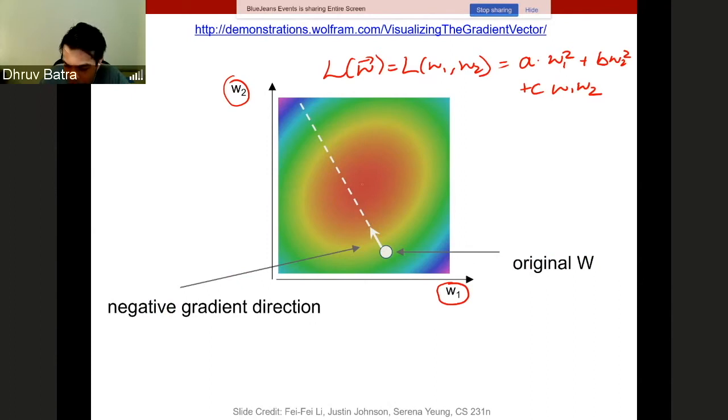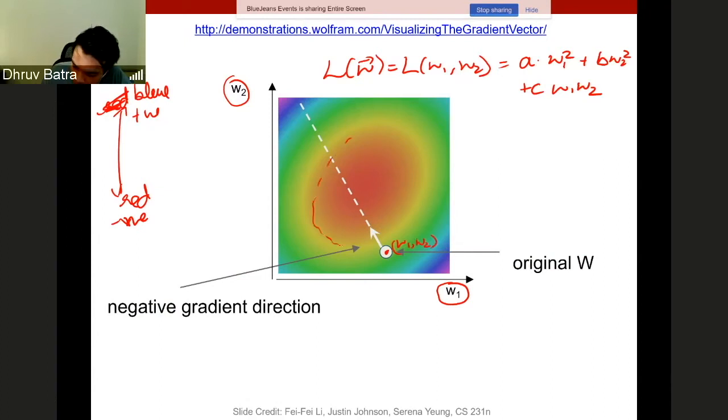In the heat map, let's say red is negative, so that we can use this as a minimization example, and blue is positive. And this is my current setting of w1 comma w2.